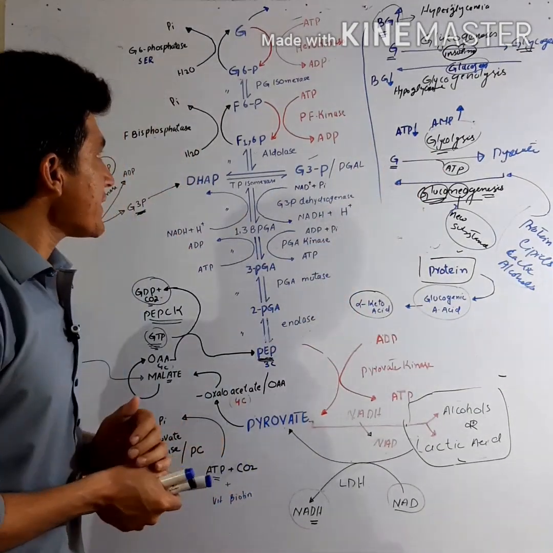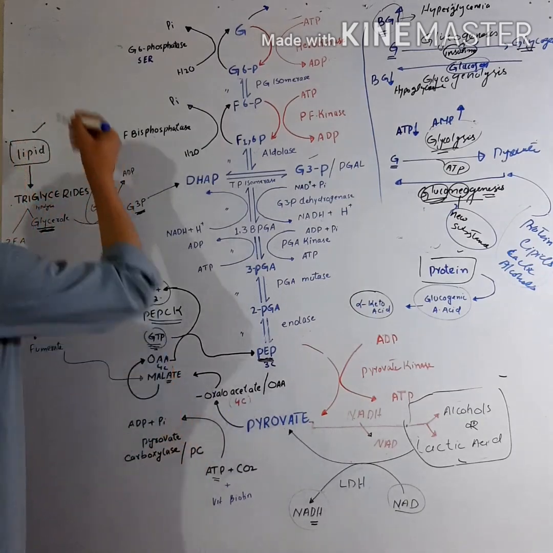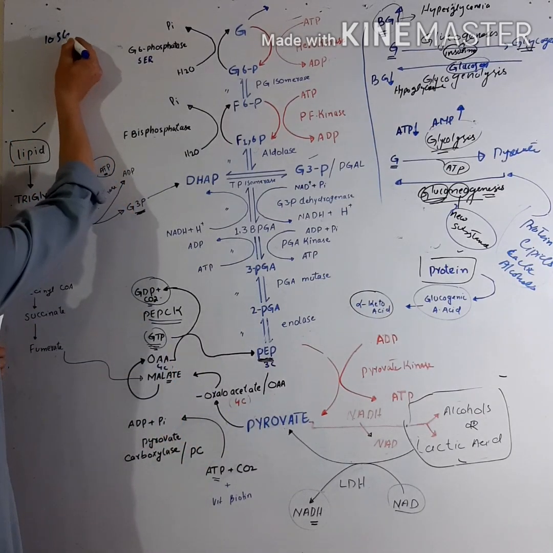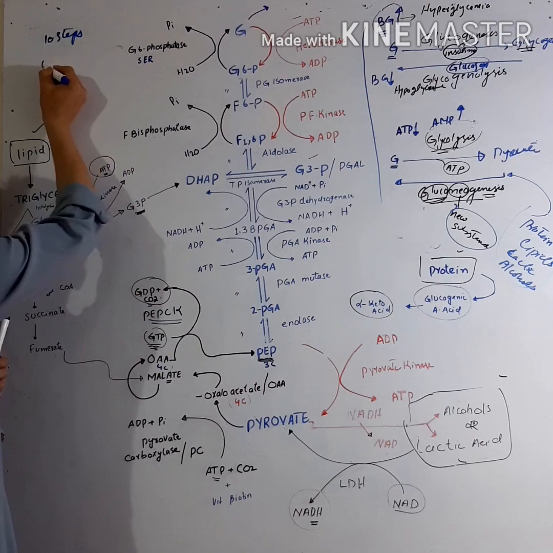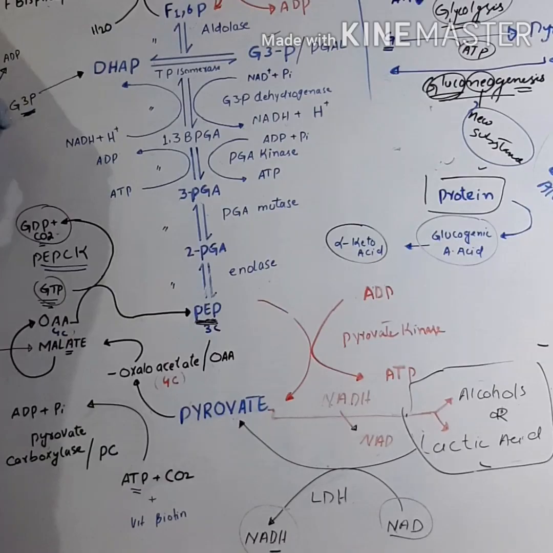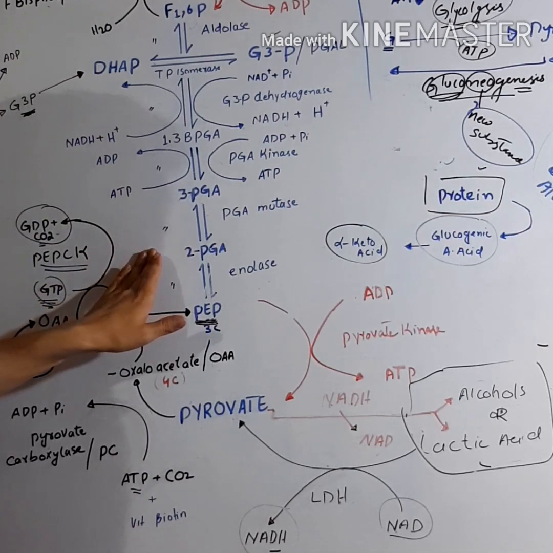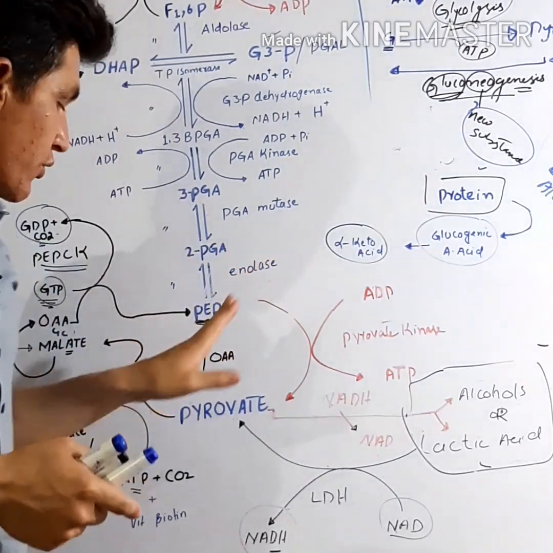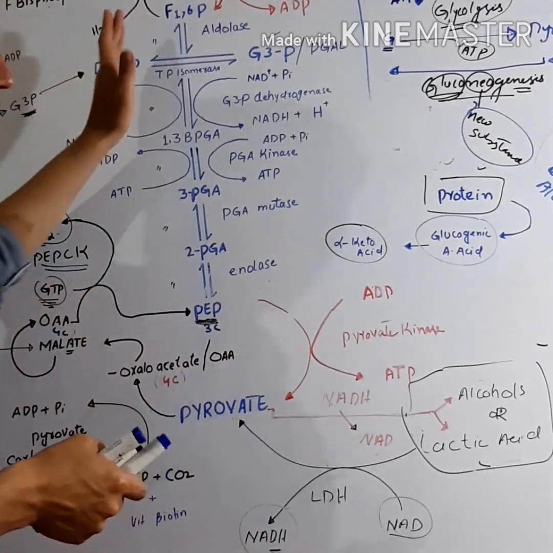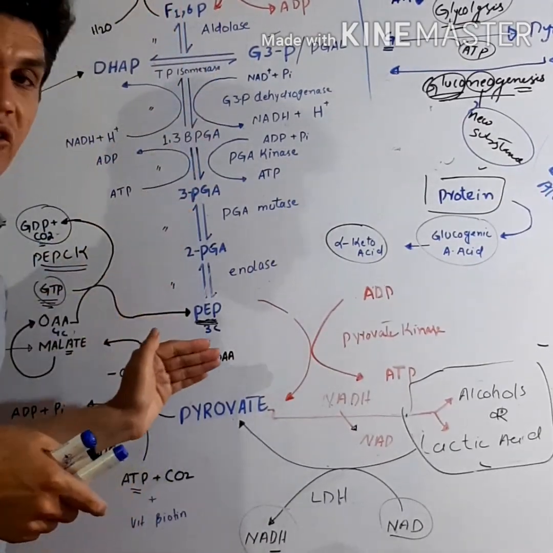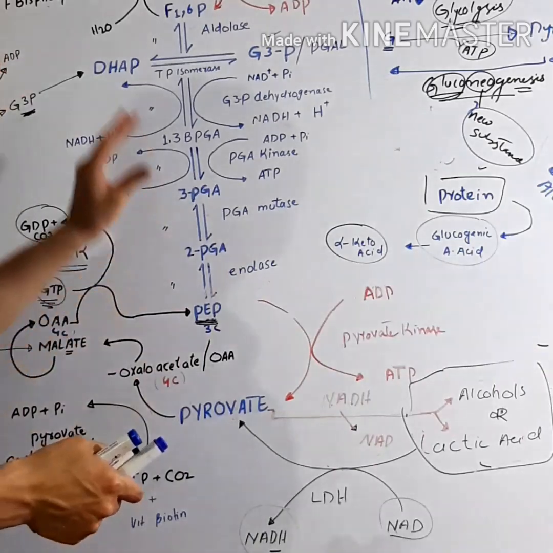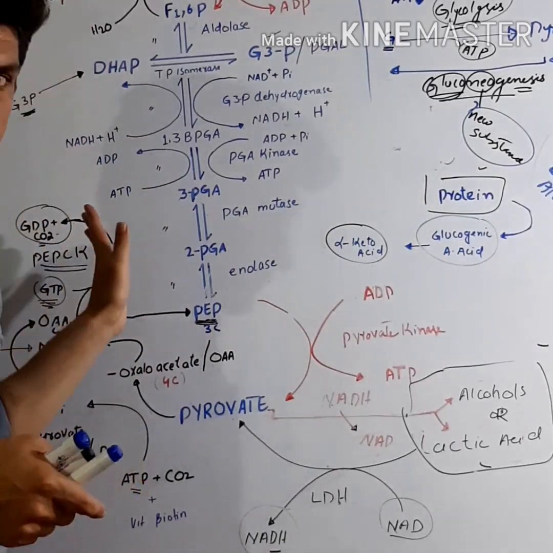Actually, glycolysis is completed in 10 steps, in which a total of 10 enzymes work. All of the steps of glycolysis are reversible in gluconeogenesis, but only 3 steps of gluconeogenesis are different from glycolysis. These are not reversible steps. These are quite different and use different enzymes.